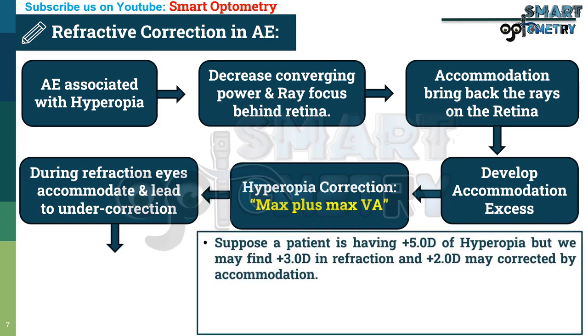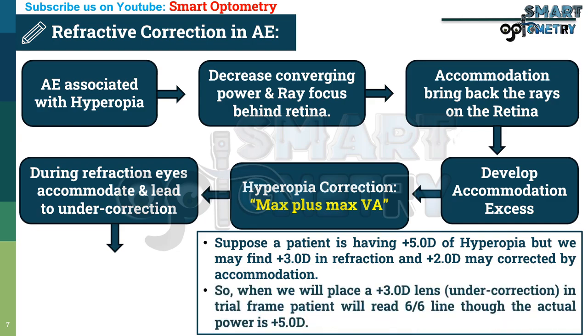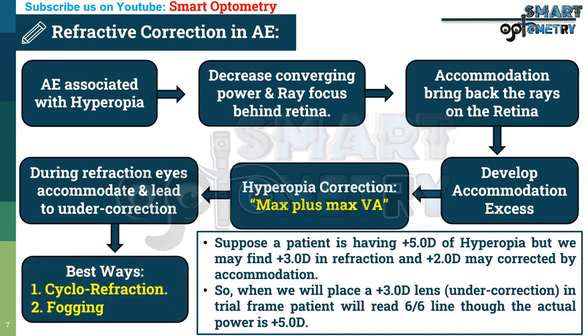Suppose a patient has plus 5 diopter of hyperopia, but we may find plus 3 diopter of hyperopia in refraction and plus 2 diopter may be corrected by accommodation. So when we place a plus 3 diopter lens in the trial frame, the patient will read the 6 by 6 line, though the actual power is plus 5 diopter. Thus, in accommodative excess, it is always better to do cycloplegic refraction or fogging for the final prescription.